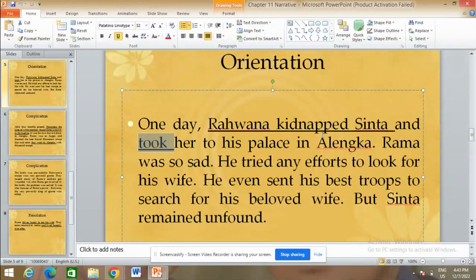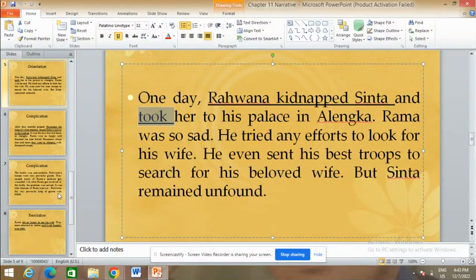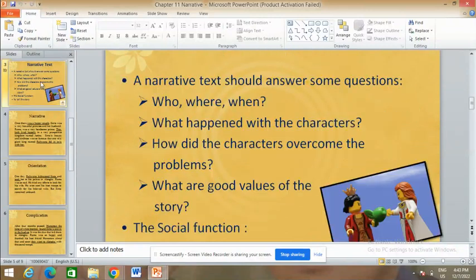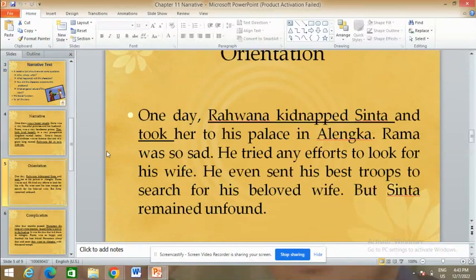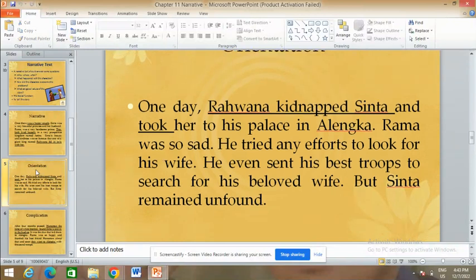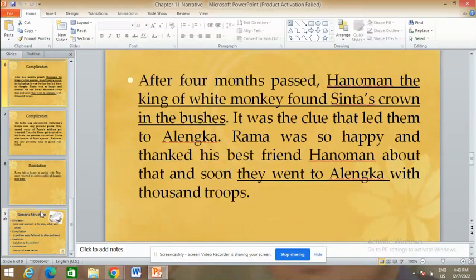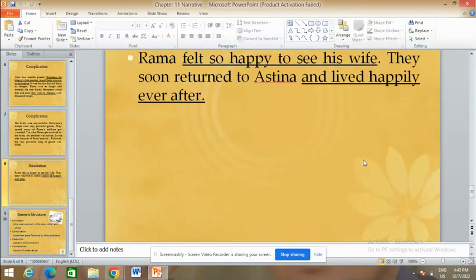It is also the language features of a narrative. So we use past tense verbs in narrative. So the conclusion is narrative text has an orientation, complication, and also a resolution.